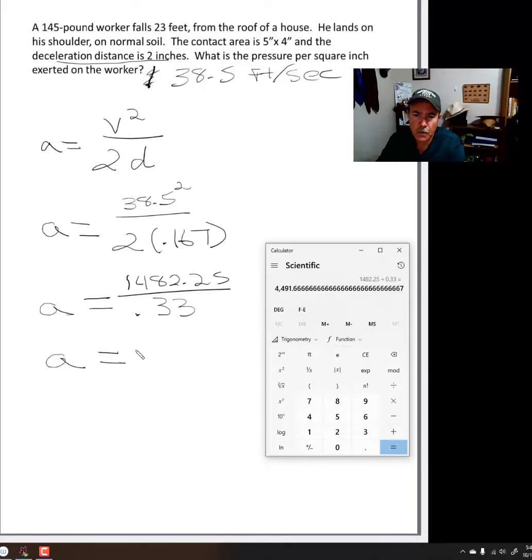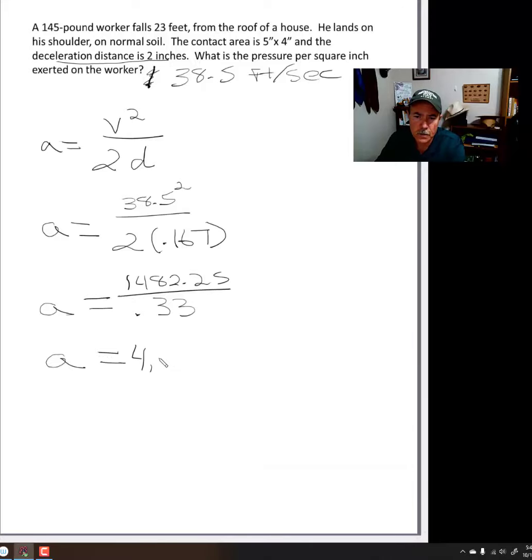Our rate of deceleration is 4,491.7, and this is also in feet per second, just like our velocity was. This is how fast the body's slowing down. And with only a 2-inch deceleration distance, that means the worker, when he hits the ground, he's stopping pretty suddenly.